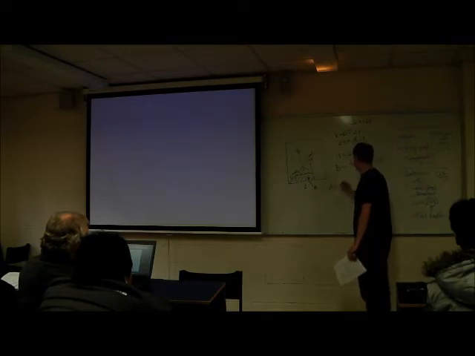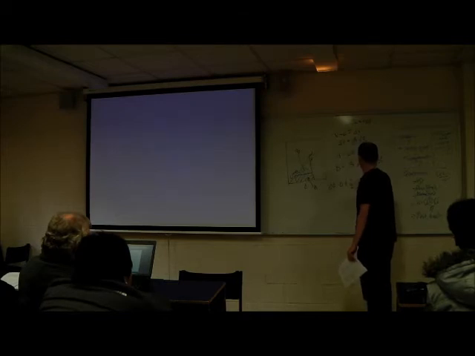Delta T times U plus a half A times delta T. And this is another very, very important physics equation. This is how we calculate how far you've traveled if you're traveling at uniform acceleration.